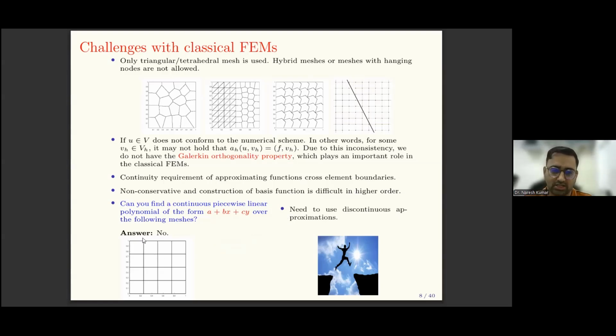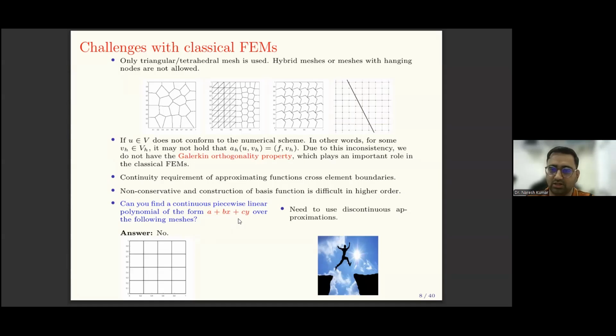Now I pose a simple question. Suppose we have a piecewise linear polynomial in two dimensions. The general form of the first order linear polynomial is a plus bx plus cy. If you use a rectangular mesh, we have four vertices, but here we have only 3 degrees of freedom, a, b, and c.